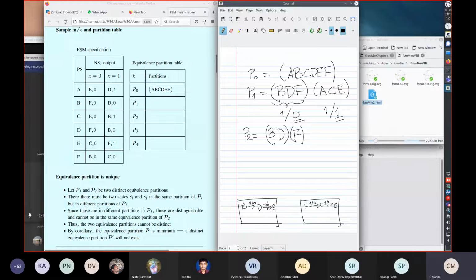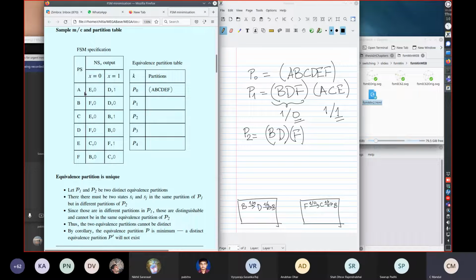All right, now let us look at A, C, and E. On 0, A goes to E, and C goes to E, and E goes to C. So on 0, they go to the same partition, right?